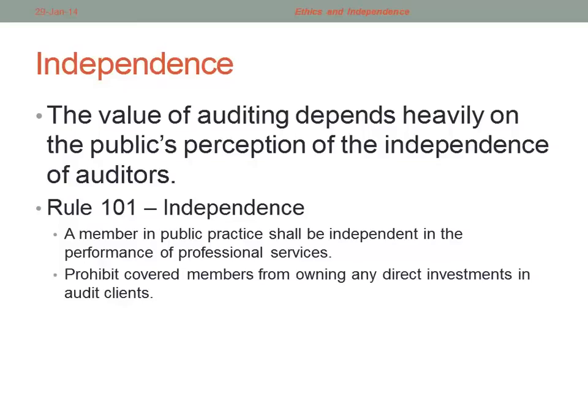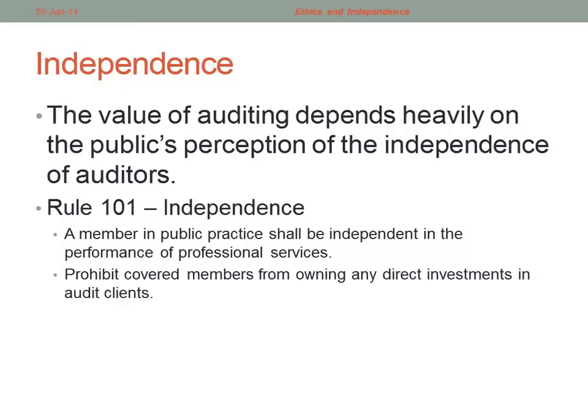So there are two components of independence: independence in fact and independence in appearance. And so the standards talk about independence in fact, right? But most of the standards as written are really geared toward independence in appearance.